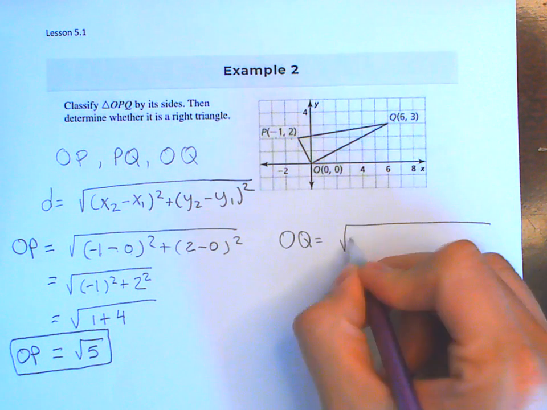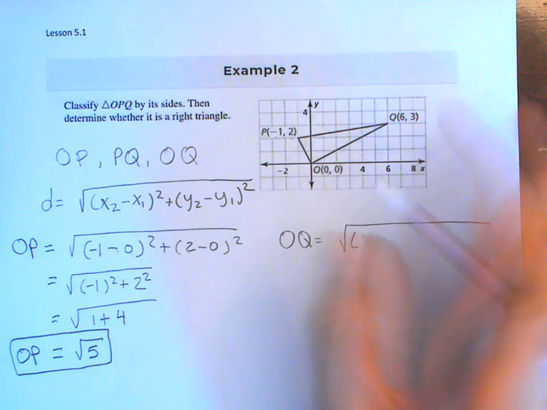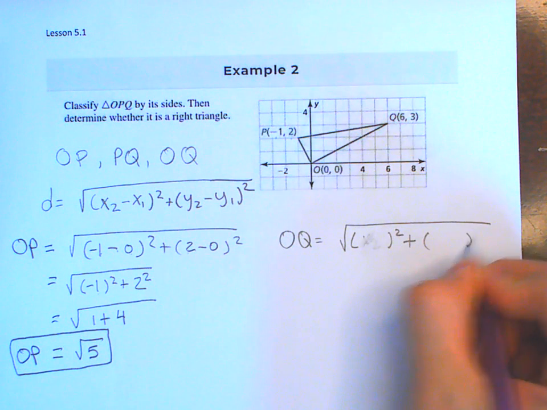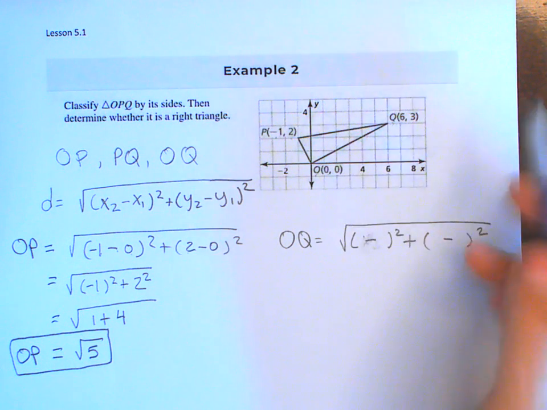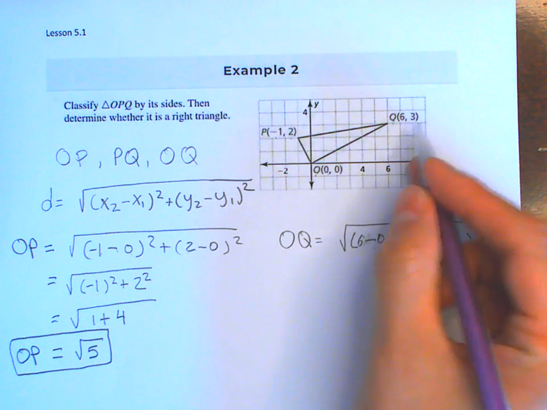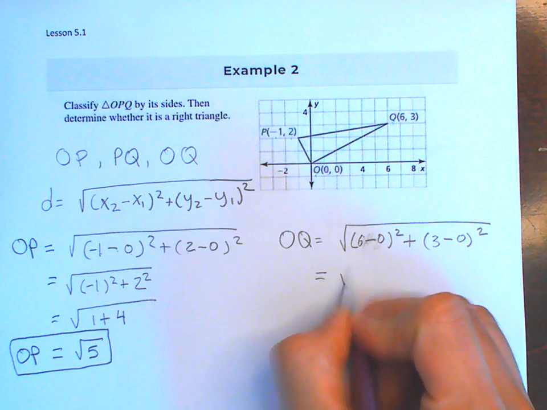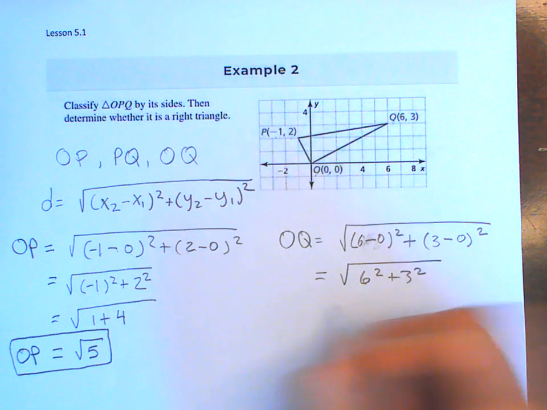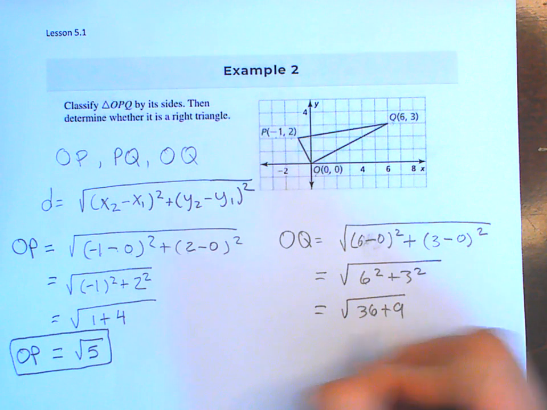So it's the same process. I already know the equation, I don't need to write it again. Okay, so once again, top to bottom. 6 minus 0, 3 minus 0. And that's going to be easy because that's 6 squared plus 3 squared, which is going to give me 36 plus 9.